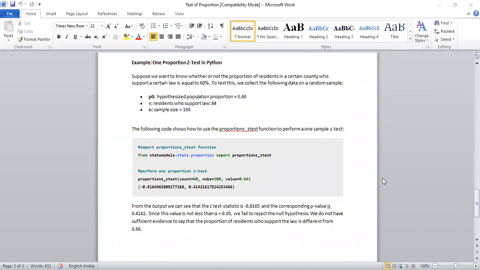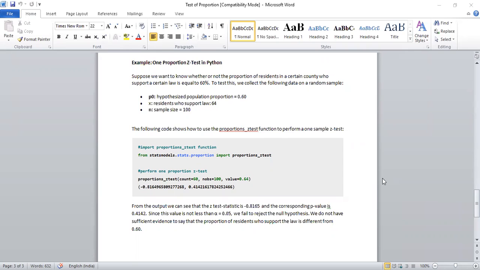Now look at this. The following code shows how to use the proportions_ztest function to perform a one sample z test. Pass the number of successes to the count parameter.